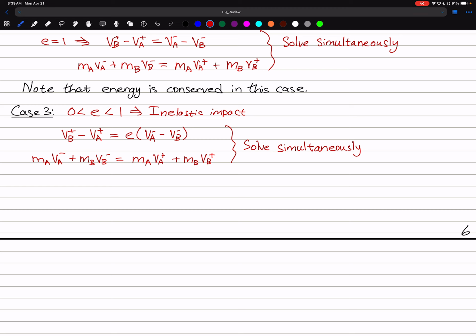And then in this case, energy is not conserved.